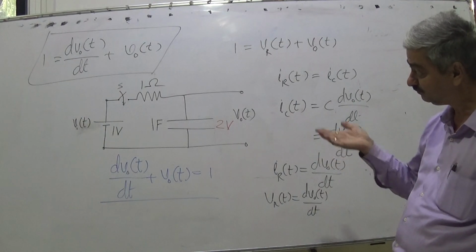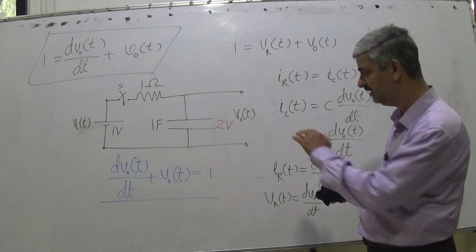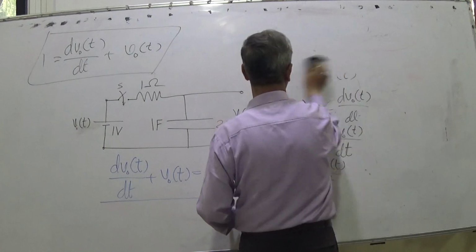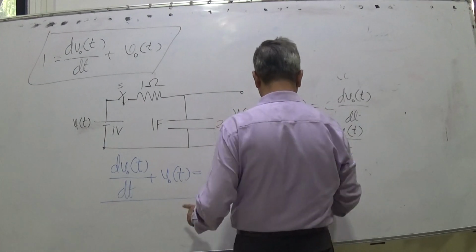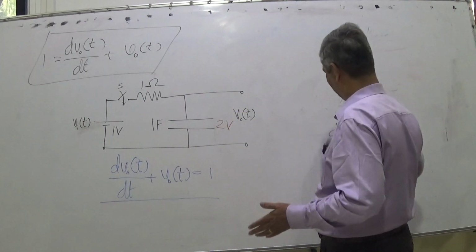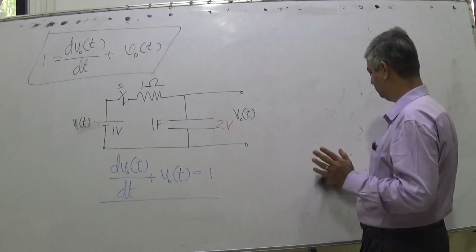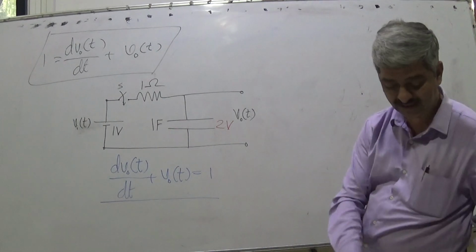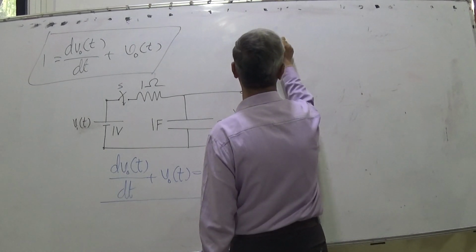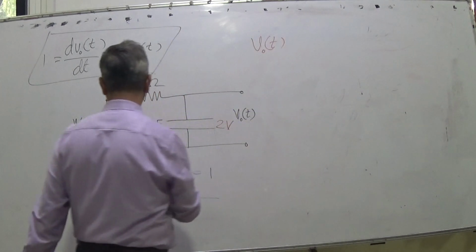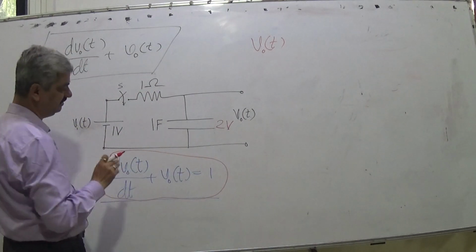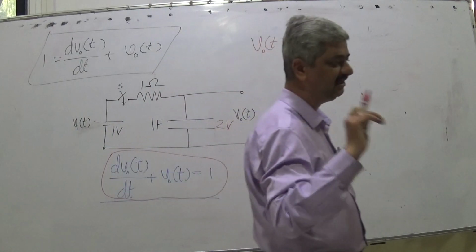When VO(t) is taken differently at t equal to 0. In the last lecture I told you that this is a differential equation. A differential equation means there is not a stringent relationship.